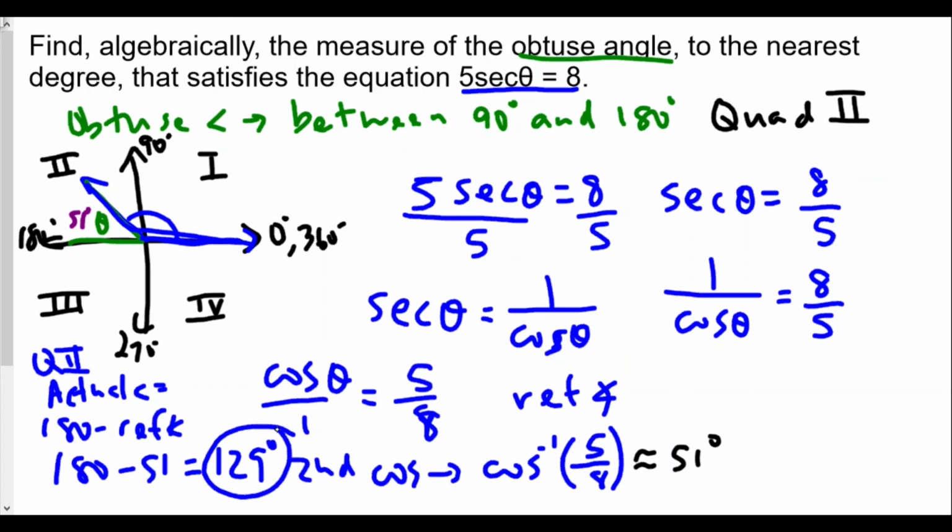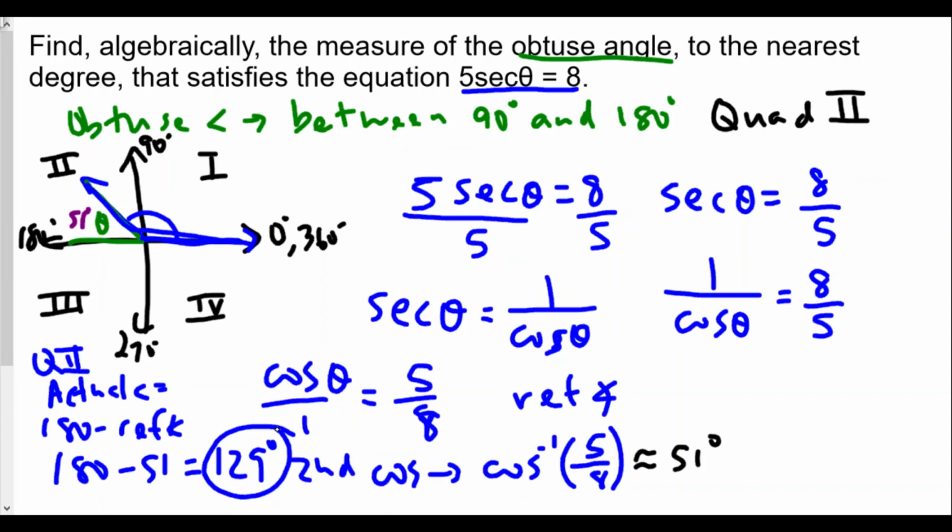That's our answer. It's a lot of stuff here, and you might be like, oh my goodness, so many things. Well, take your time on each thing. First, when solving equations that deal with trigonometric ratios, try to get the ratio by itself, so get secant theta by itself.